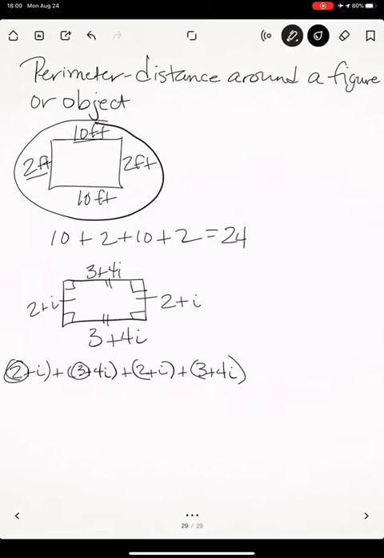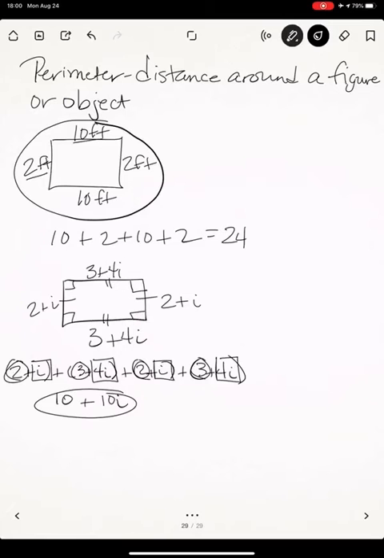We got 2, 3, 2, and 3. So 2 plus 3 plus 2 plus 3 gives you 10, okay. Then we would take our i's, because those are our other like terms, and put them together. So as you can see, I'm drawing rectangles around each one of those, and get i plus 4i plus i plus 4i. That gives me 10i, okay? And that's our final answer.